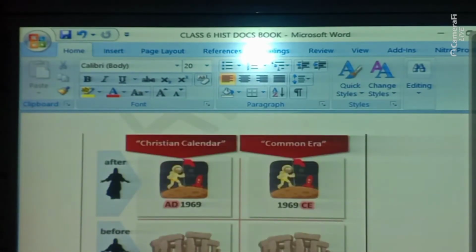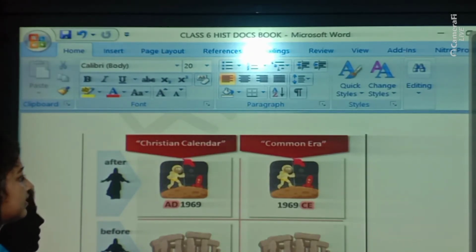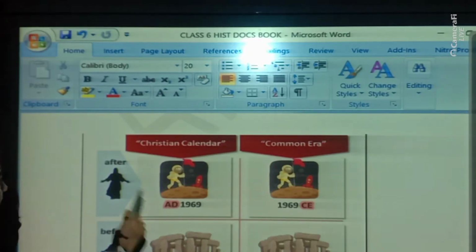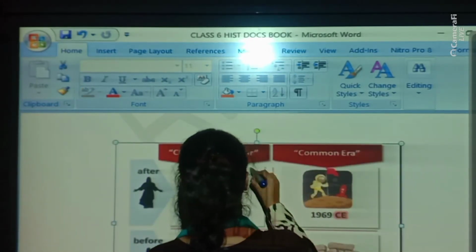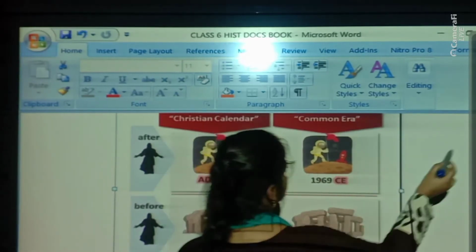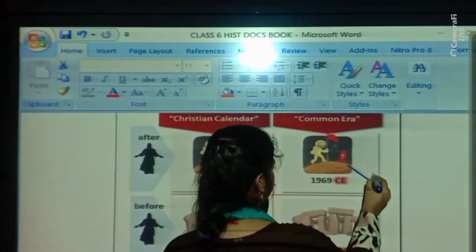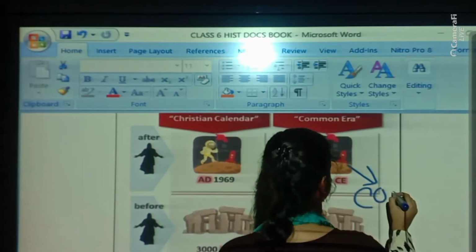As per the Christian calendar and as per the common era, just have a look. It's AD 1969, and 1969 means it's common era.